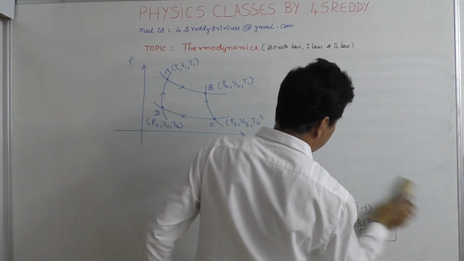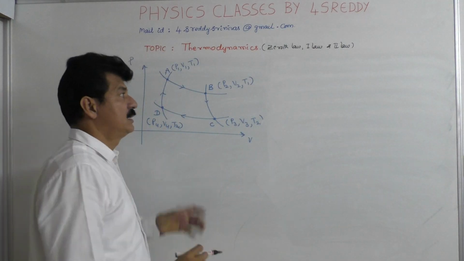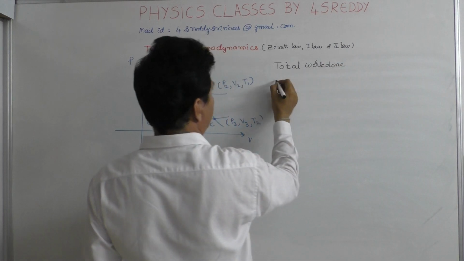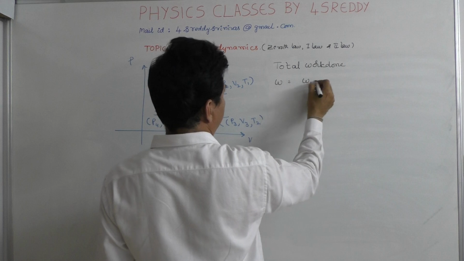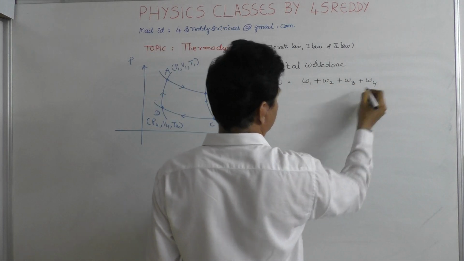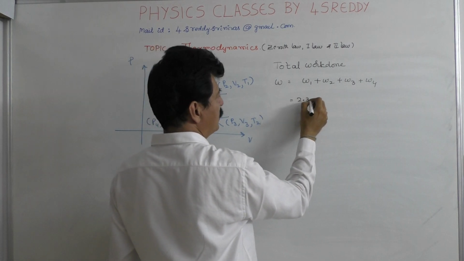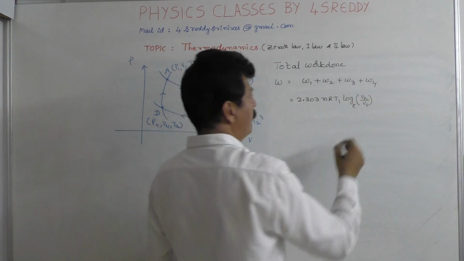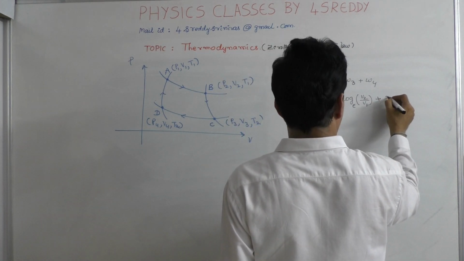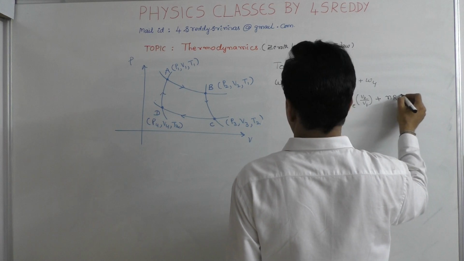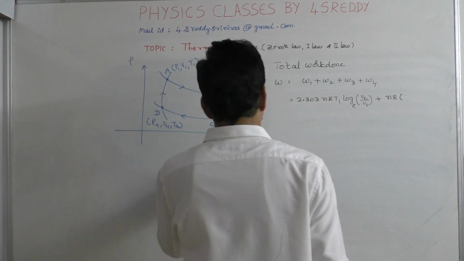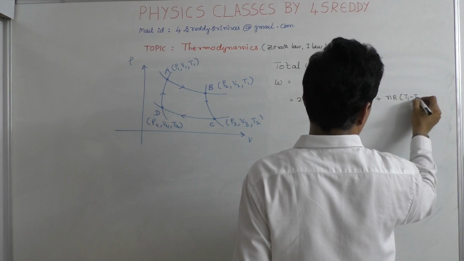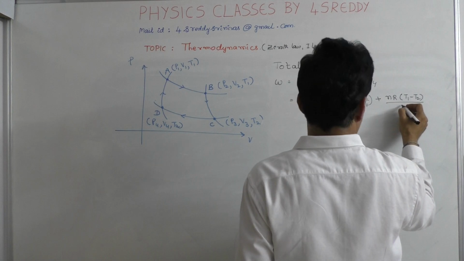Step 4. And after that, since this is a cyclic process, the total work done W is equal to W1 plus W2 plus W3 plus W4, that is 2.303 nRT1 log of V2 by V1 to the base 10, plus nR into T2 minus T1 by gamma minus 1 (written as T1 minus T2), minus 2.303 nRT2 log of V3 by V4, minus nR into T1 minus T2 by gamma minus 1.